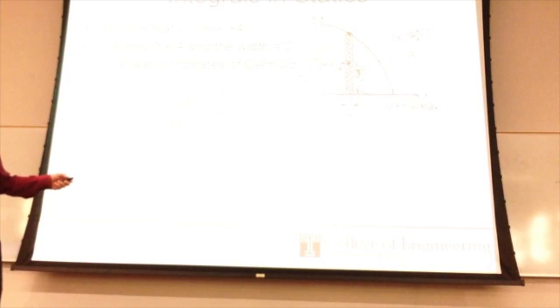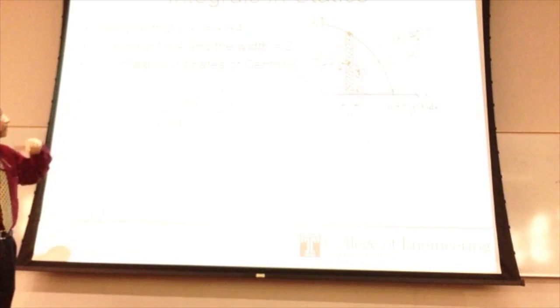You're going to put it right here at the center of gravity, right? Because if you put it up here, what's going to happen? If you push here, it's going to tip it over. And if you push down here, it might tip it over backwards. So you're going to push at the center of gravity. That's a really basic reason why you might want to know where the center of gravity is.